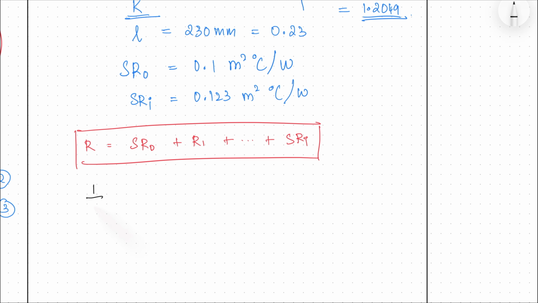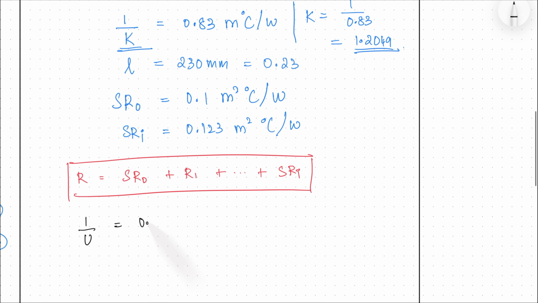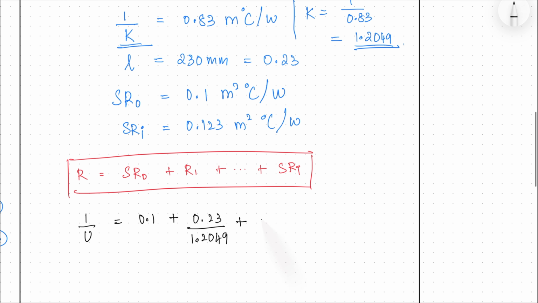R can also be written as 1 by U, and we know our SC0 is 0.1 plus R1. R1 is basically L by K. So what is L? L is 0.23, and our K we found out to be 1.2049, plus the surface resistance of the internal layer, which is 0.123.